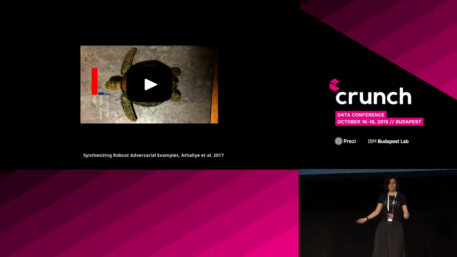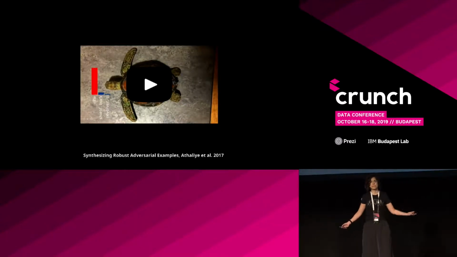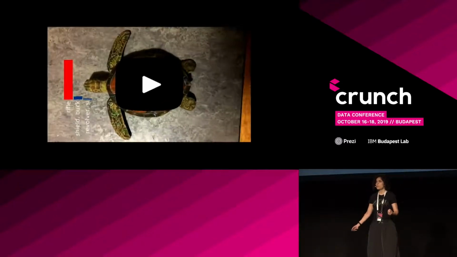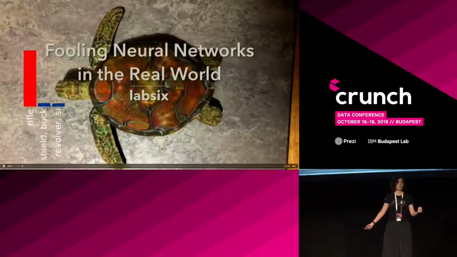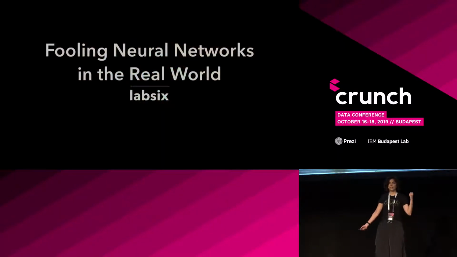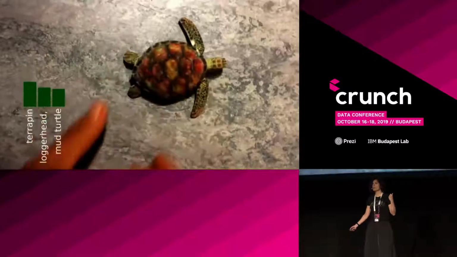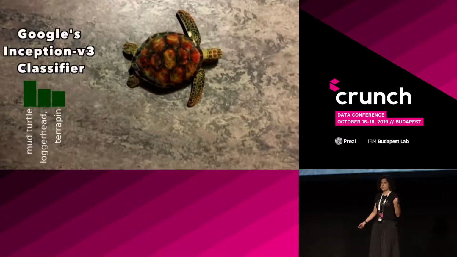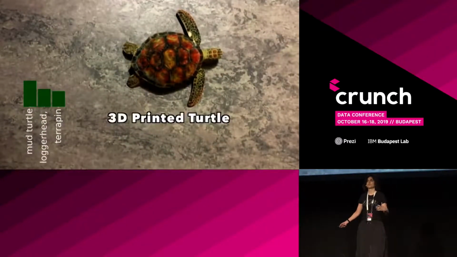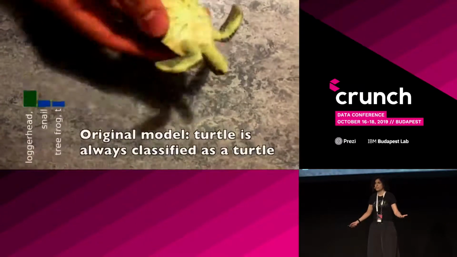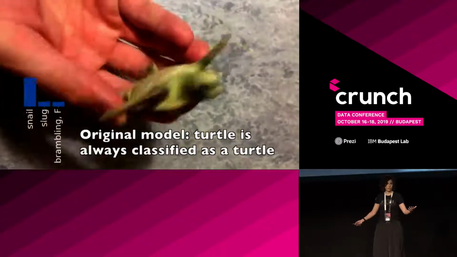Now, a few things have passed since, and another team has transferred these kind of attacks to the physical world. So now they're not just able to perturb digital images, but actual 3D objects. And what you'll see in the video is how the original 3D object that was printed of a turtle, the original one is correctly identified as a turtle by an inception model.